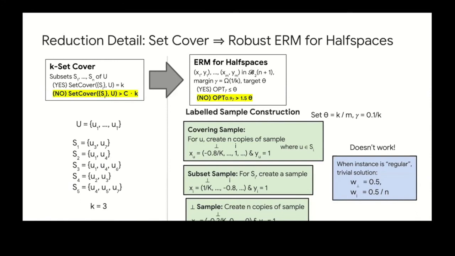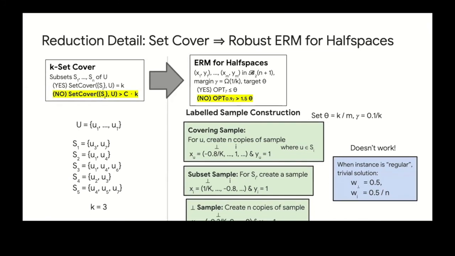Basically, it places the same mass on all the subset coordinates. So we have n coordinates, each one corresponding to a subset. This halfspace will put 0.5 over n mass in each of these coordinates. Okay, so this is different compared to the yes case, where we only put 0.5 over k mass on the k coordinates that correspond to the set cover.